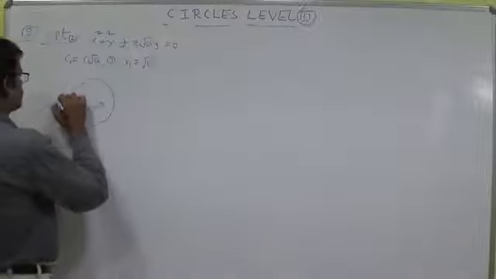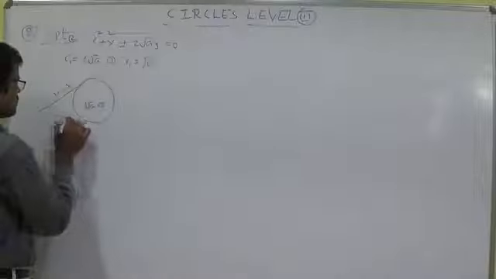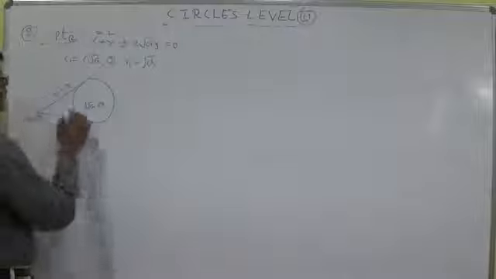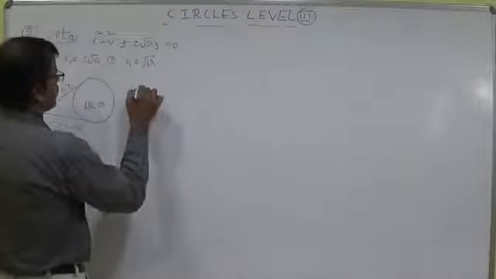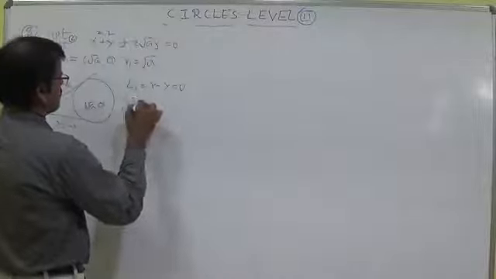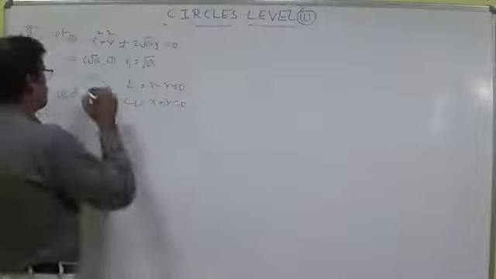This is the line passing through origin y equal to x, and this is the line passing through origin y equal to minus x. So line L1 you can write as x minus y equal to 0, and L2 you can write as x plus y equal to 0.